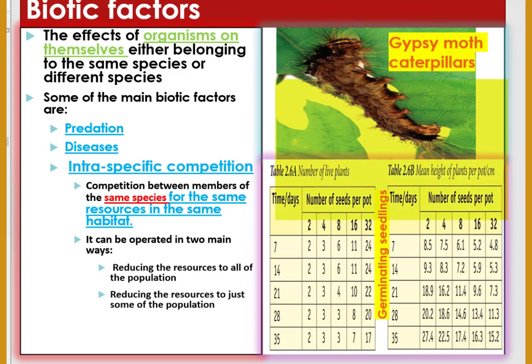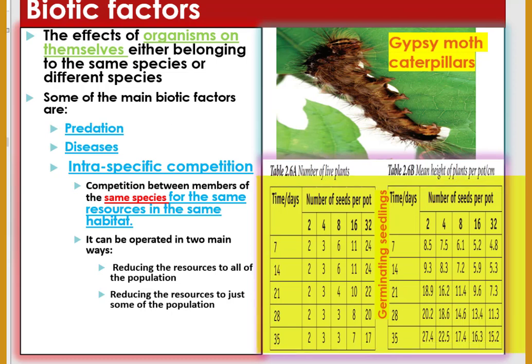The second example: with increased numbers planted, there is increased intraspecific competition between germinating seedlings for limited resources. This results in fewer, smaller plants surviving. This has application in agriculture, with packets of seeds of crop plants being supplied with recommended sowing densities to give maximum yields.